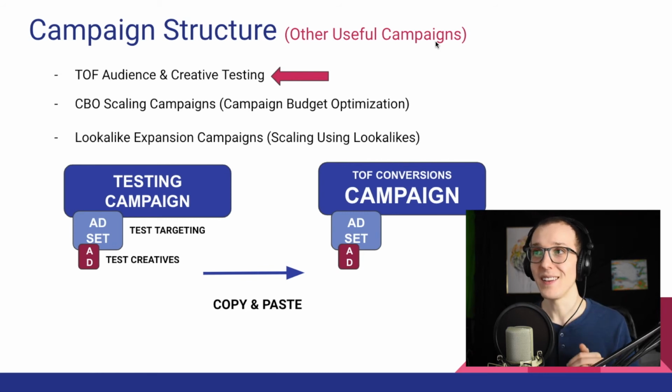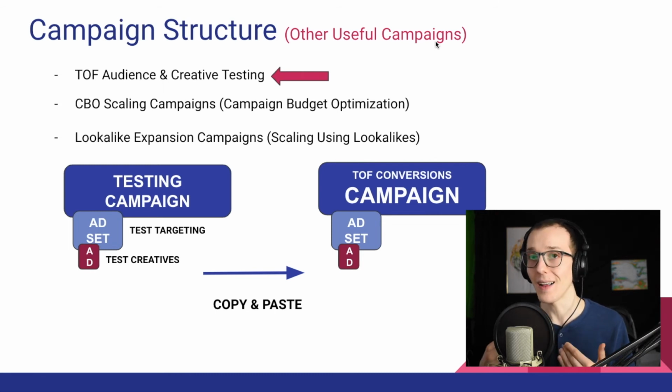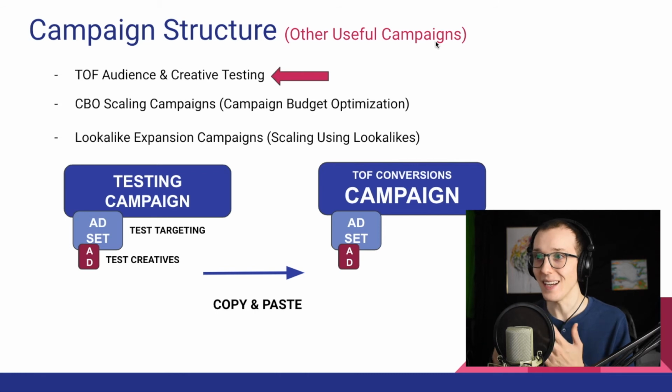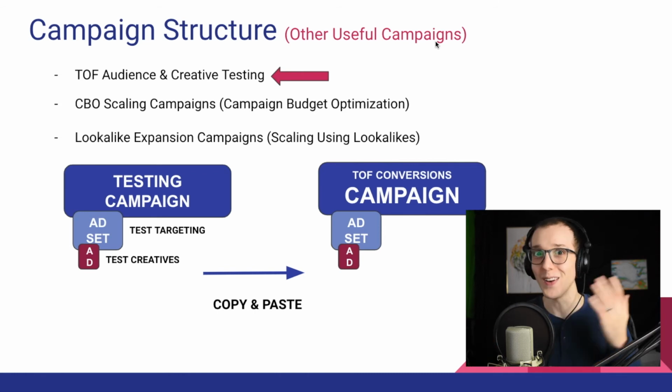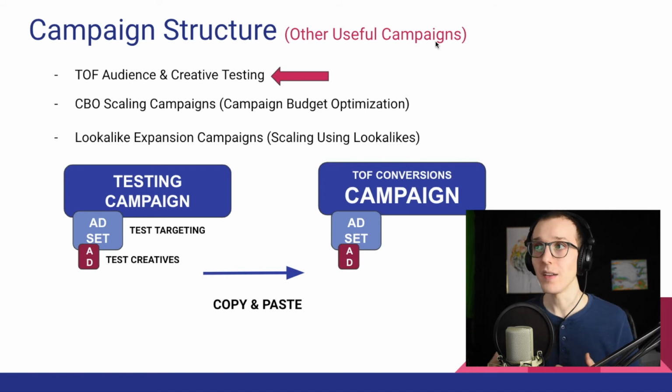I hear people say to divide them, to have an audience testing and a creative testing campaign. I want to be honest here that in my experience, I'm never really testing an audience without a creative, right? And I'm never really testing any creatives without an audience. So I find I do them simultaneously, at the same time. So I like to keep that together.